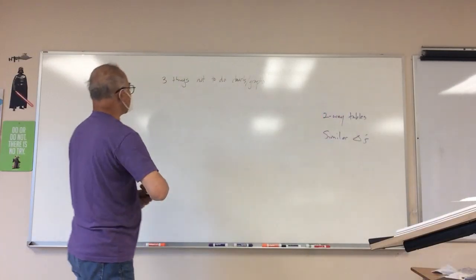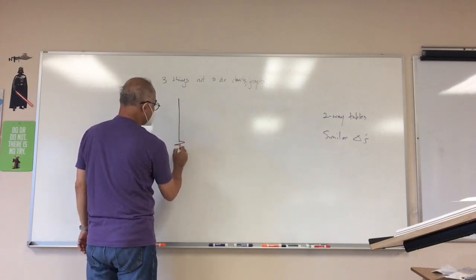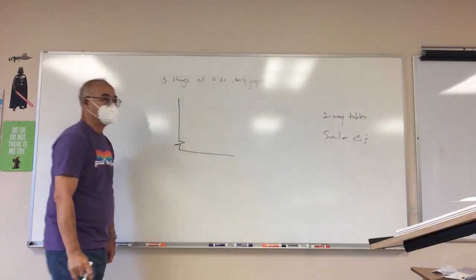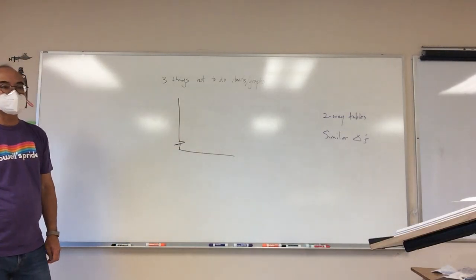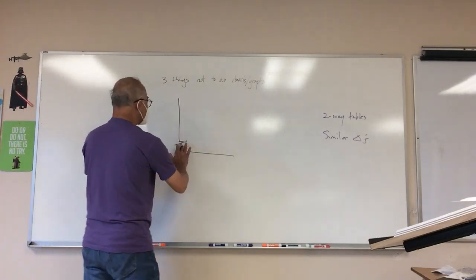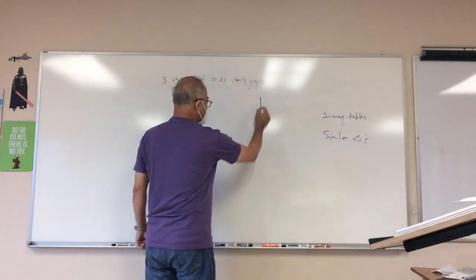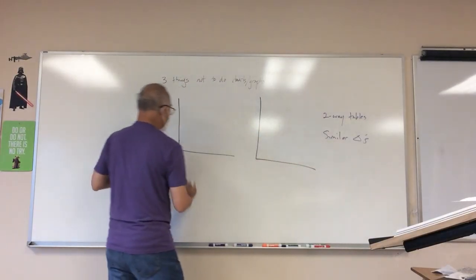So the three things that you are not to do is, first one is the broken graph, the broken axis. Okay, everybody seen this before? So let's say I'm drawing a regular graph. That's going to look like this. And I have two bars.